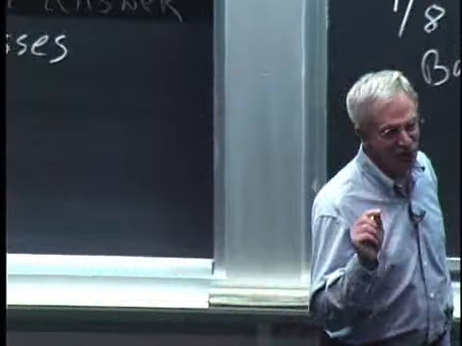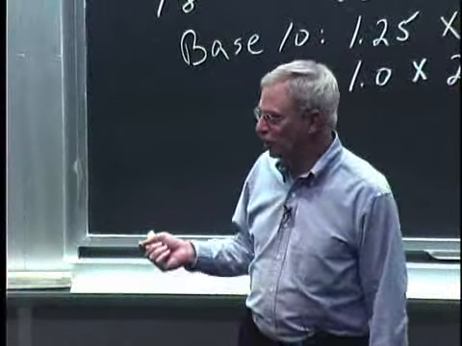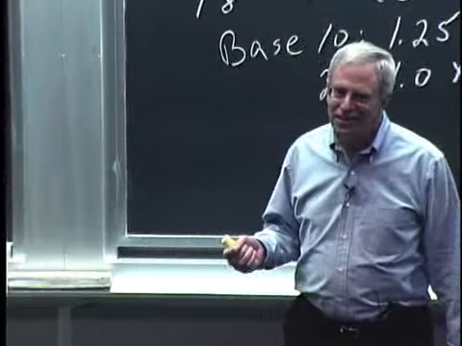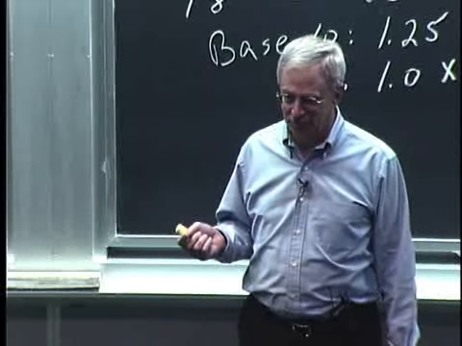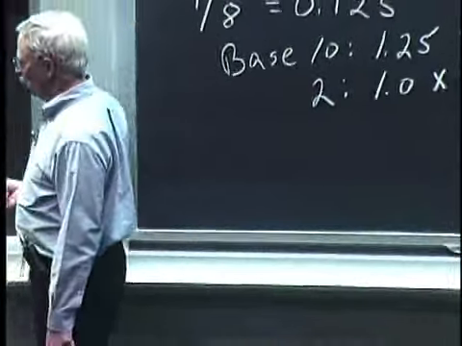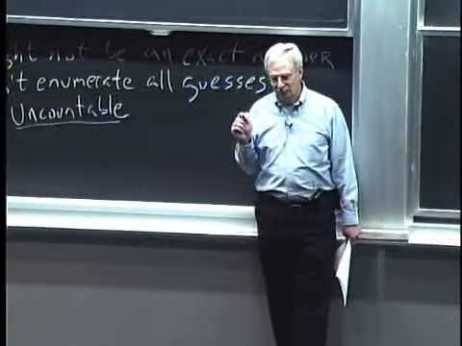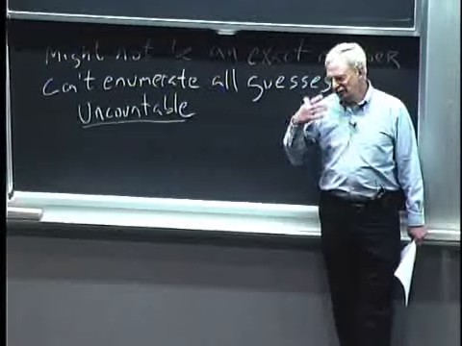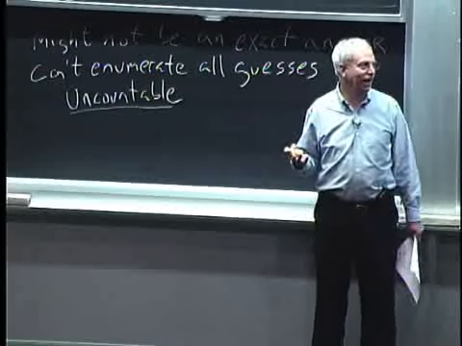Now, as we've just seen, since there's a limit to the precision in floating point, technically you could enumerate all the floating point numbers. And I say technically because if you tried to do that, your computation would not terminate anytime soon. So even though in principle you could enumerate them, in fact you really can't.